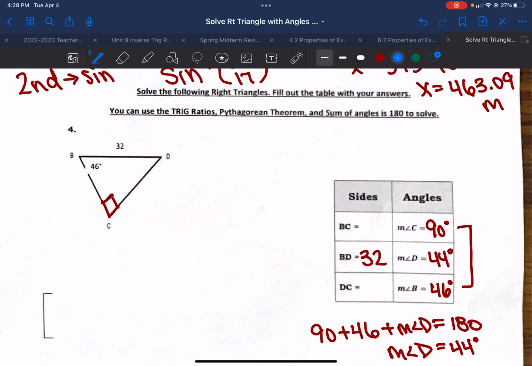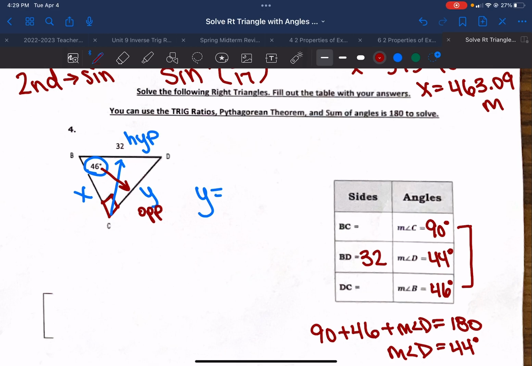Now I need a little bit more information about BC and DC. So I'm going to give these some variables, and I'm going to start by using my angle of 46 degrees to find y. Across from my right angle is my hypotenuse, and compared to where 46 degrees is, that is opposite.